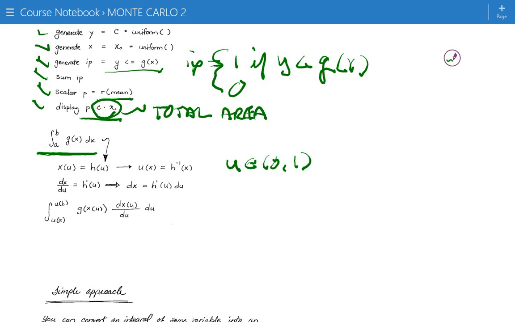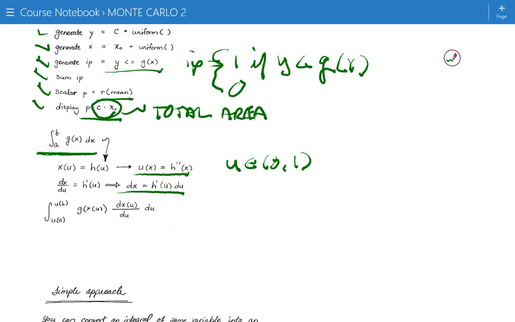And the function is 1 to 1, let's presume, so we can write x as a function of u, and we can invert that, and say that u is therefore some function of x. We notice that dx du is the derivative of h with respect to u, which would mean that dx is that derivative with respect to u times du.